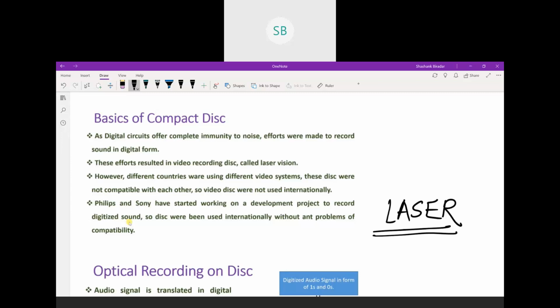So a digital circuit offers complete immunity to noise, right? Because what we have seen earlier in photographic films is that they are more prone to noise.